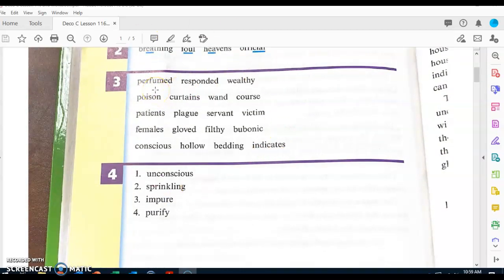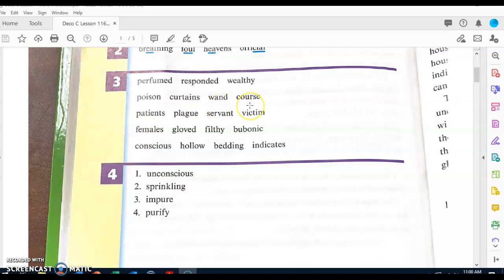Now let's go ahead and continue with part 3. First word, what word? Perfumed. Next word, what word? Responded. Next word, what word? Wealthy. Next word, what word? Poison. Next word, what word? Curtains. Next word, what word?